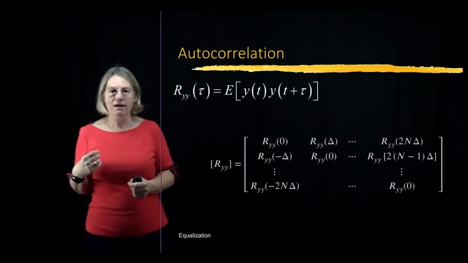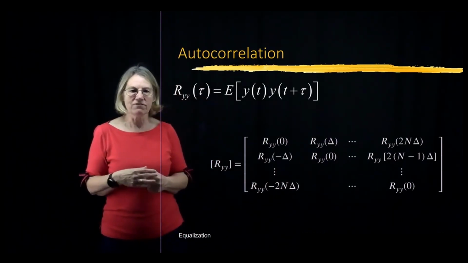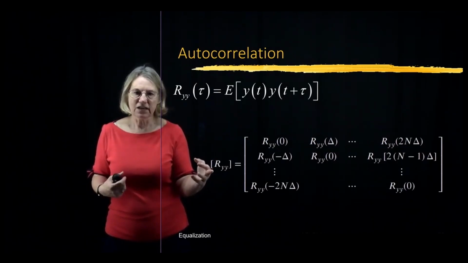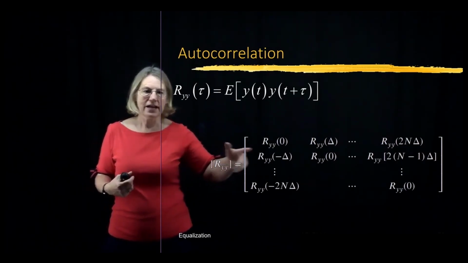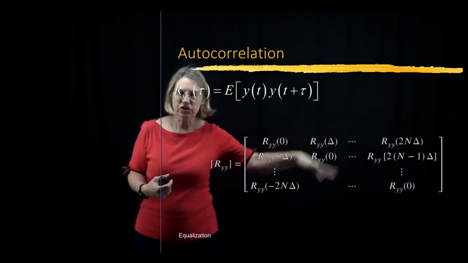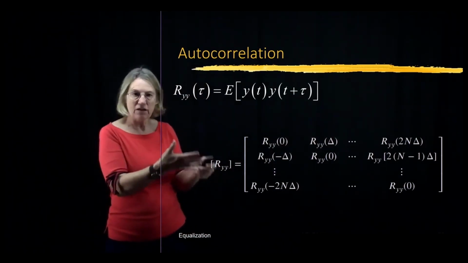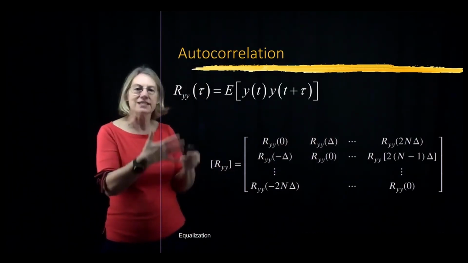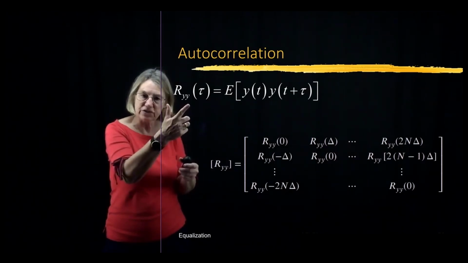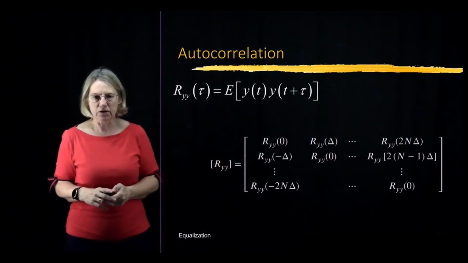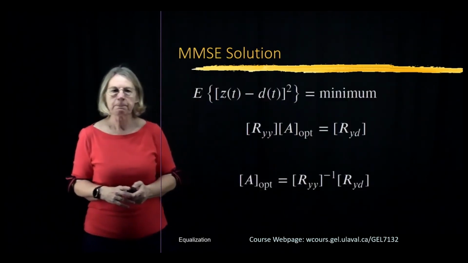By the definition of the autocorrelation and its sampled version, it has the Toeplitz structure that we saw earlier, even with the zero forcing. So I come up with this autocorrelation matrix, which is Toeplitz.